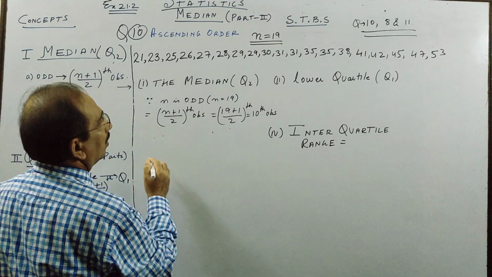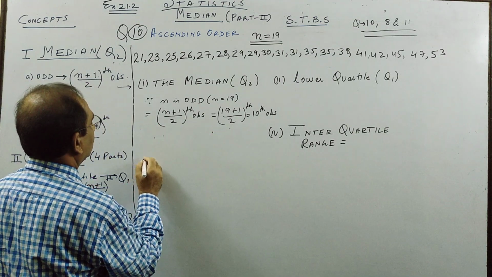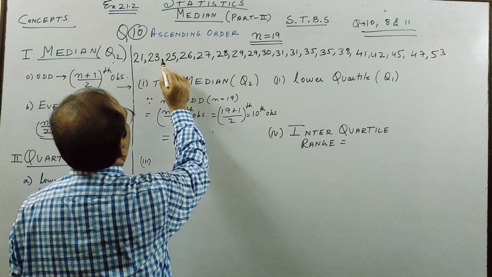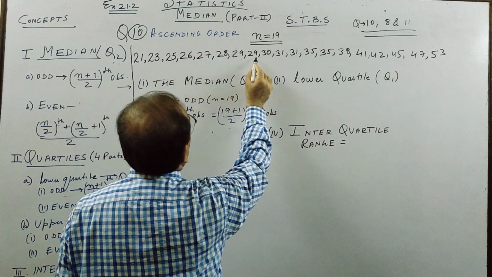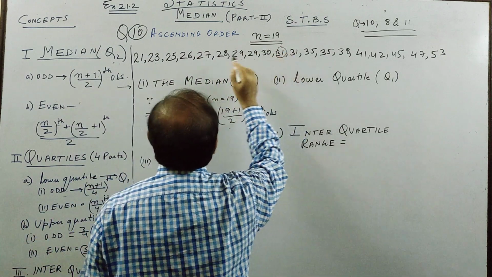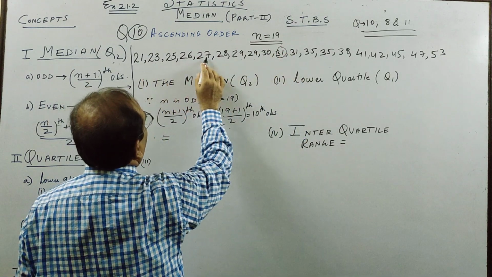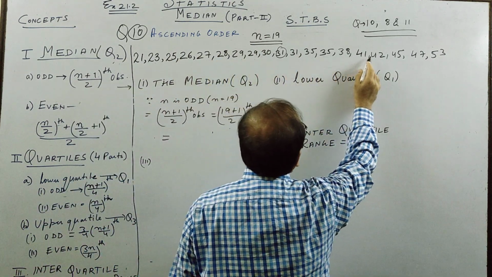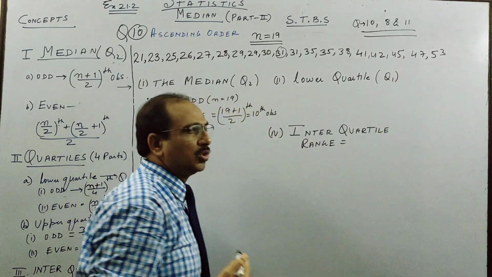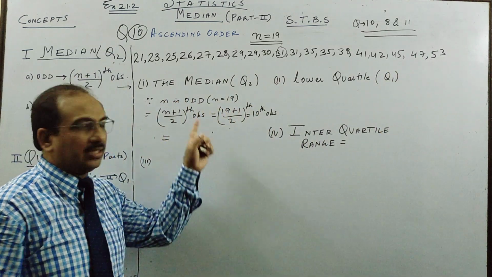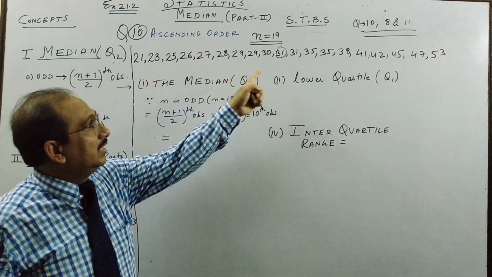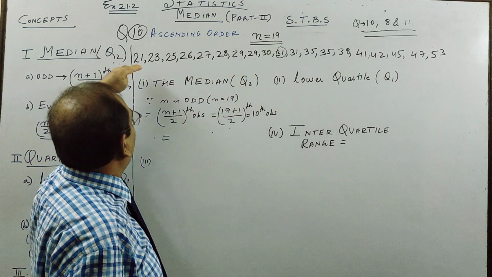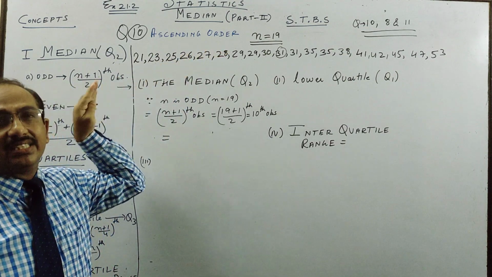So what is the 10th observation? Counting 1, 2, 3, 4, 5, 6, 7, 8, 9, 10. Imagine if 19 things are there and we stand in height order, from small to big, ascending order.